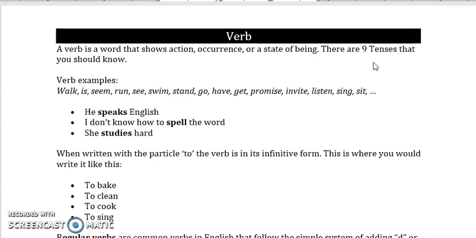Meaning here, if let's say we have the word berlari in BM, in English it is run. If it is in past tense, or it has happened, the form of the word run will change into ran.